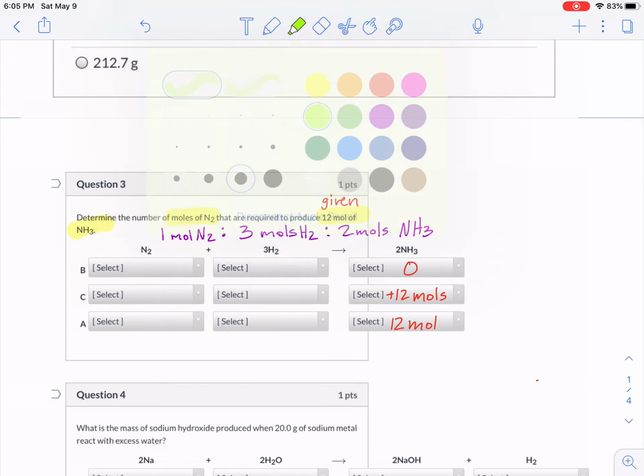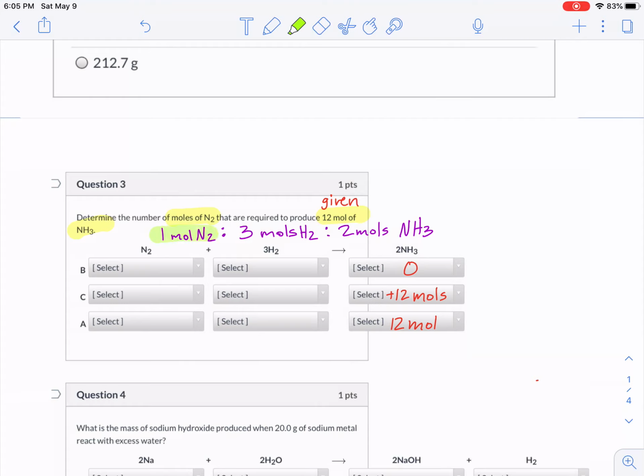Our first relationship we're looking at, we need to figure out how much nitrogen is needed to produce our 12 moles of ammonia. Okay, so we have 1 mole of nitrogen gas for every 2 moles of ammonia produced. That ratio will always be the same. So if I know I need 12 moles of ammonia, I can solve for my unknown x.